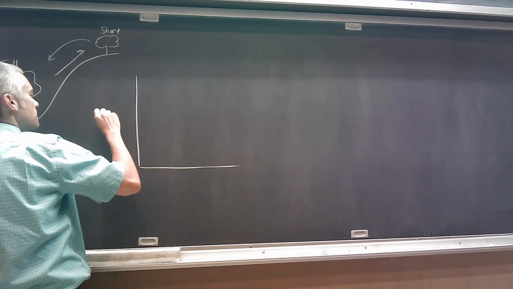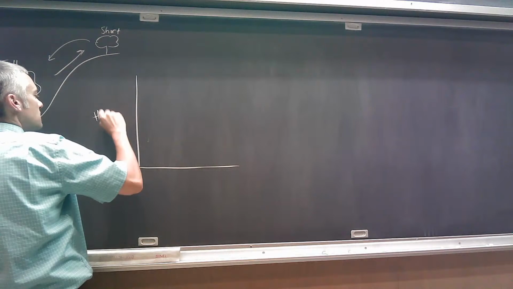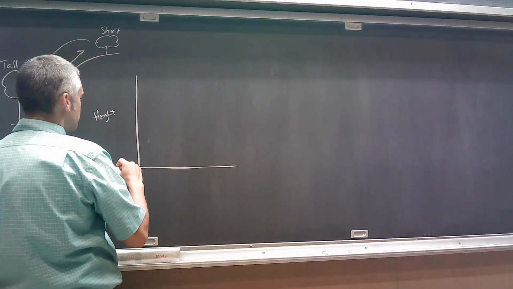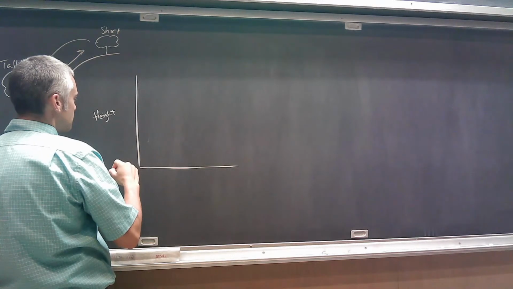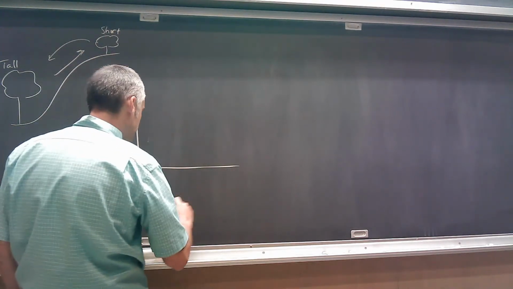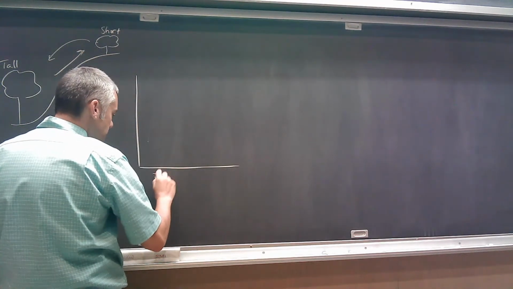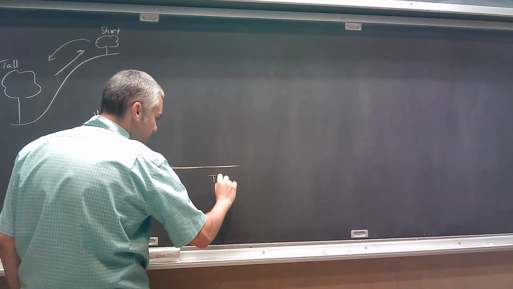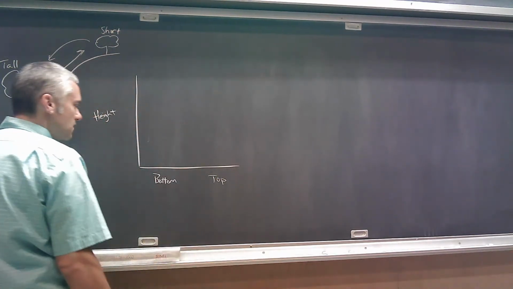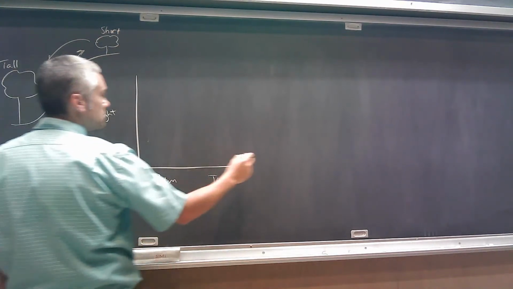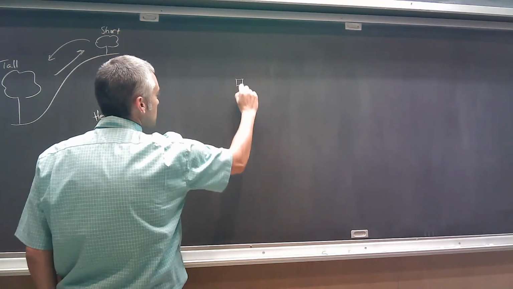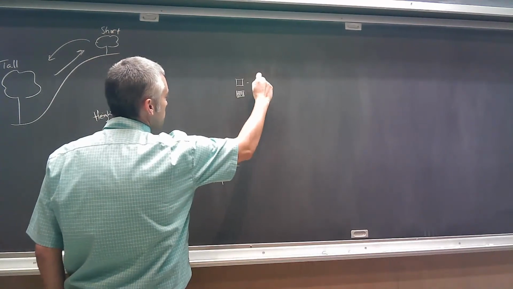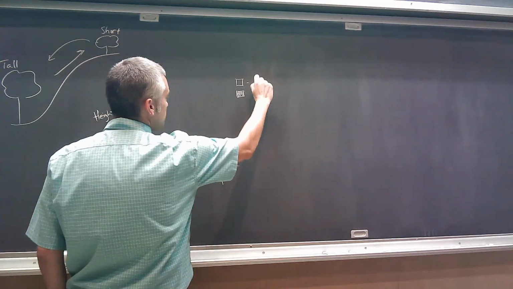So, we have our height. We have our two locations. At the bottom of the hill, our open boxes will be the tall plants.